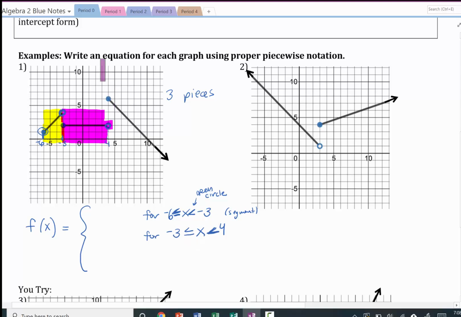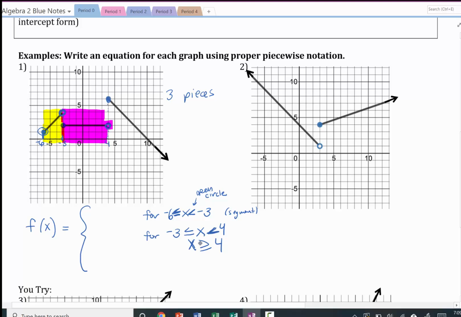And then the last part is a ray, because it starts right here, and the x value for that is also 4. And then the x values go to the right. So this ray is pointing to the right of 4. So then we would say x is greater than or equal to 4.